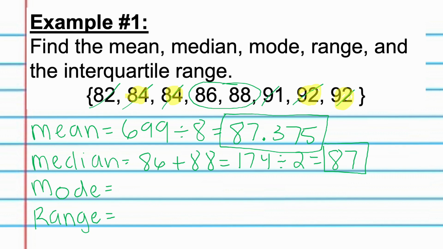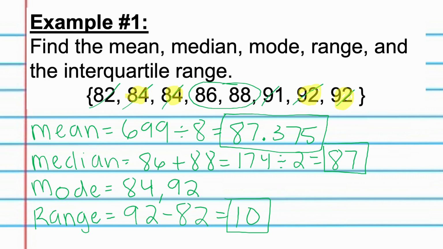So we have more than one mode. Now for our range, we take our largest number, 92, and subtract our lowest number, 82, and our range is 10.